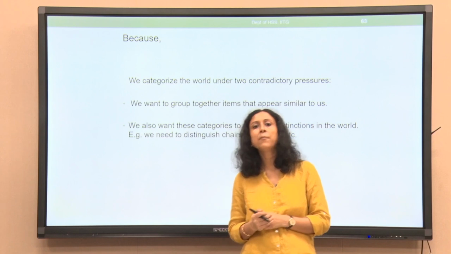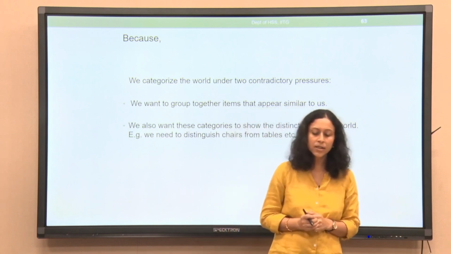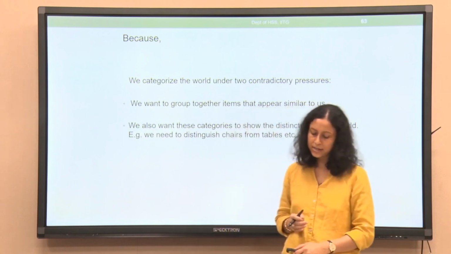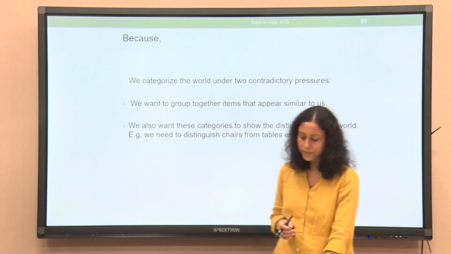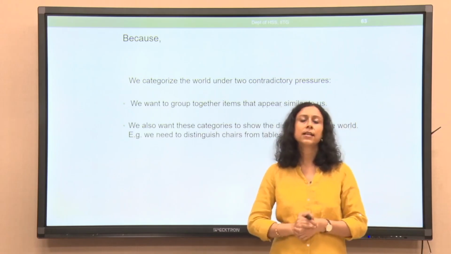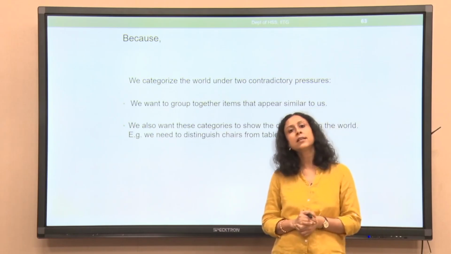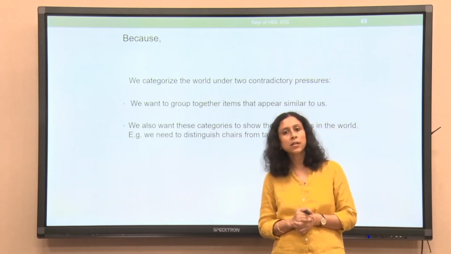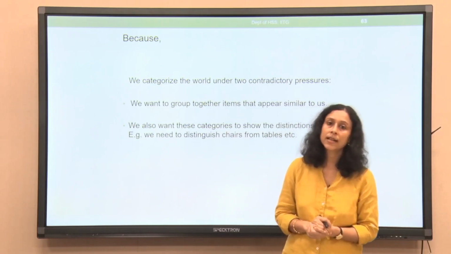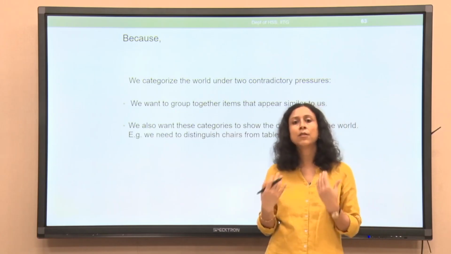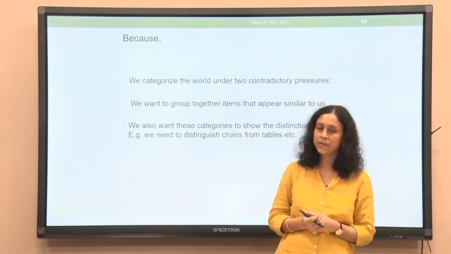Now, why do we have basic level categories in the first place? Why do we even need them? The idea that has been put forward is that we categorize. Categorizing is a fundamental principle, as we have already seen, and this is also a universal process, but we have also seen that the outcome of this process is not always universal.